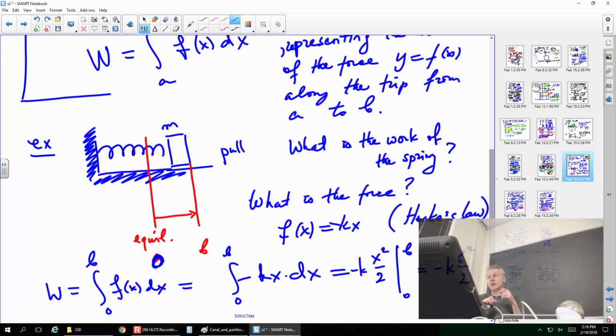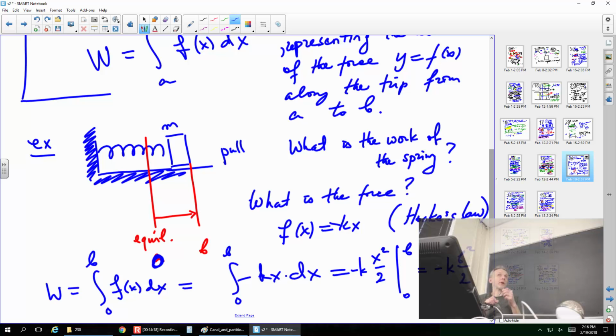As you can see, it's interesting that the answer is the work is always negative. It doesn't matter if you pull it to the left or to the right, because either way you will be working against the spring. So either pulling or pushing has the same effect, which is the information contained in Hooke's law, right?